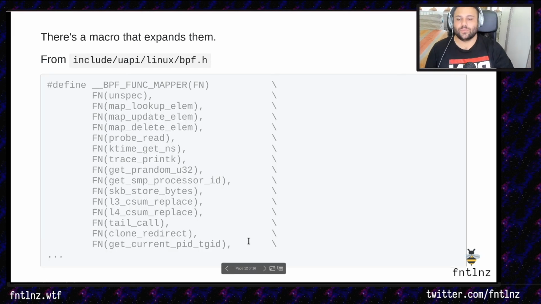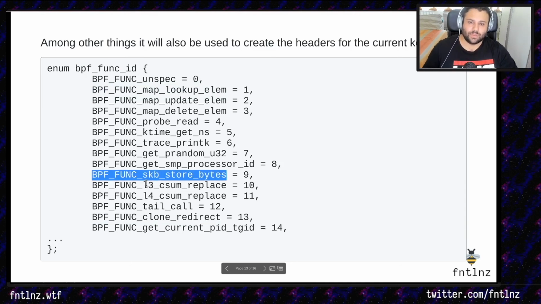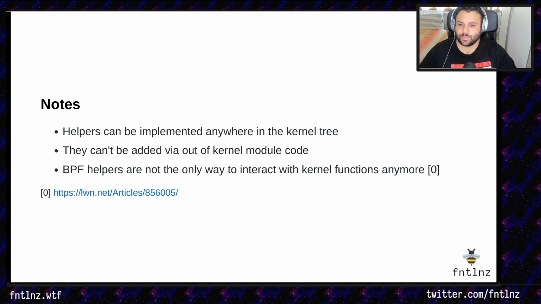And for every one of them, it also defines the number, right? So when that macro is expanded, it went to 14, but there are many more, every helper will have its number. So the kernel will know what to call when you call it.